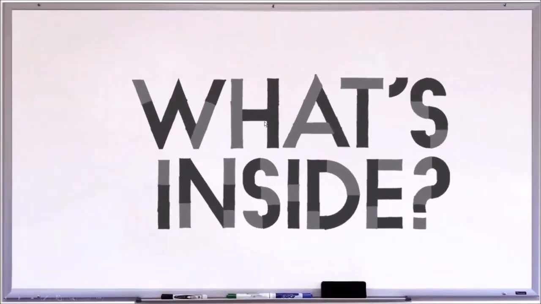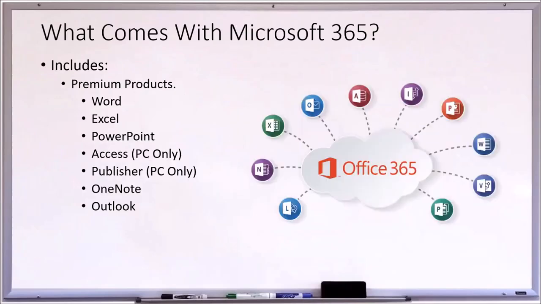So what do you get? It comes with just about everything Microsoft makes in their Office world. Primarily Word, Excel, PowerPoint, Access and Publisher, PC versions only. I don't like including OneNote in here because OneNote's free.